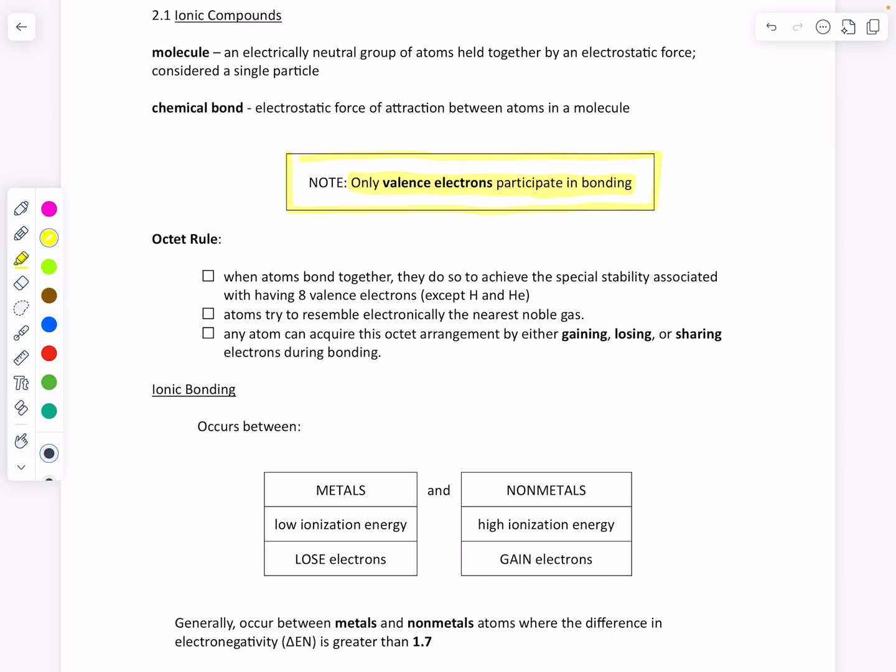For helium, this is 2 electrons, and for every other noble gas, this is 8 valence electrons. And the octet rule tells us that any atom can acquire this octet arrangement by either gaining, losing, or sharing electrons during bonding. So, chemical bonding actually makes atoms more stable, as they are fulfilling the octet rule.